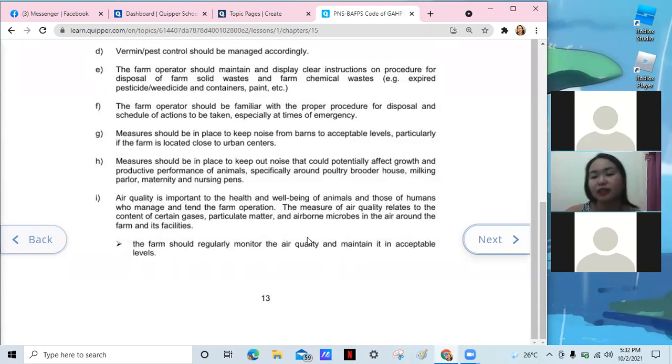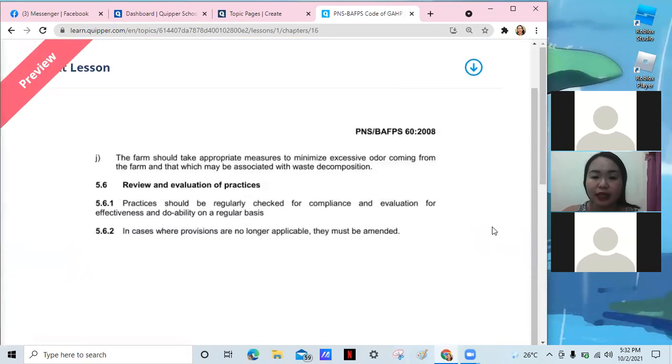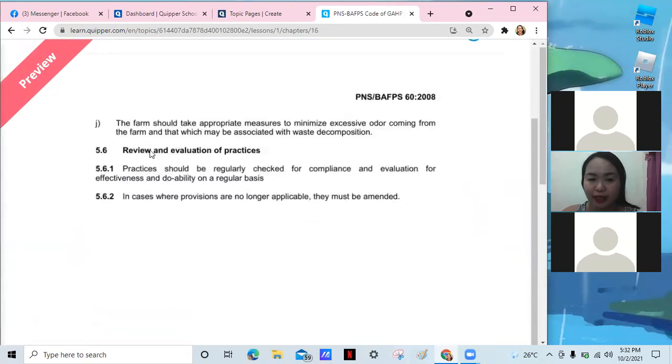So yung farm natin should be maintained with conducive na air and smell, no? In acceptable levels, kasi hindi naman talaga maiwasan na mabaho talaga yung farm natin. And the farm should take appropriate measures para ma-minimize din yung excessive odor coming from the farm.